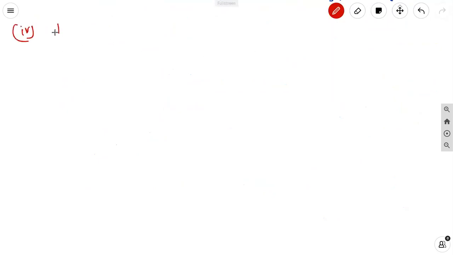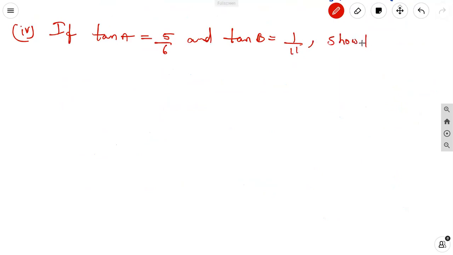Next problem, fourth one. If tan A equals 5 by 6 and tan B equals 1 by 11, show that A plus B equals pi by 4.